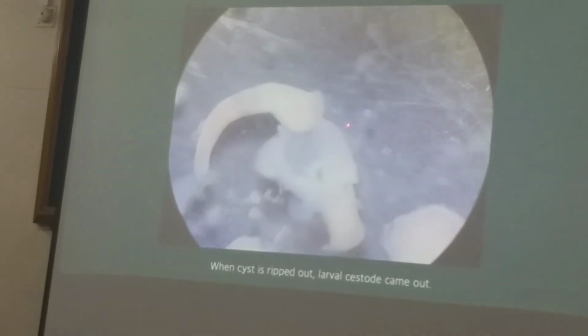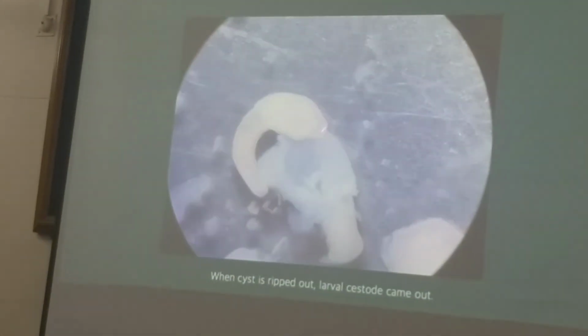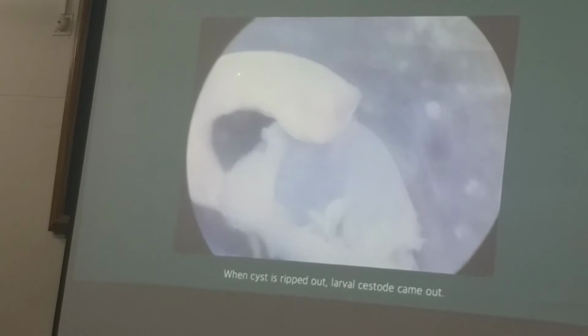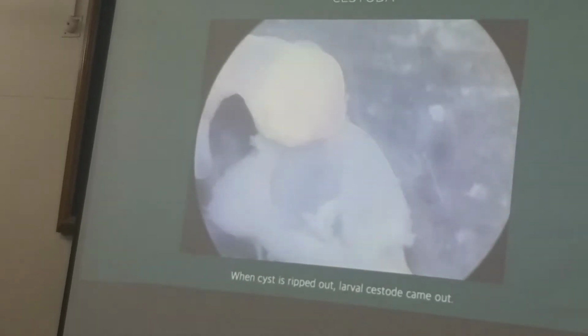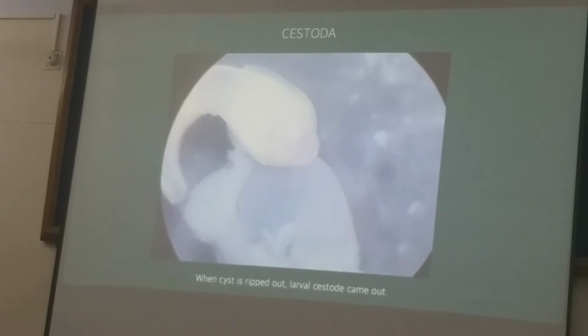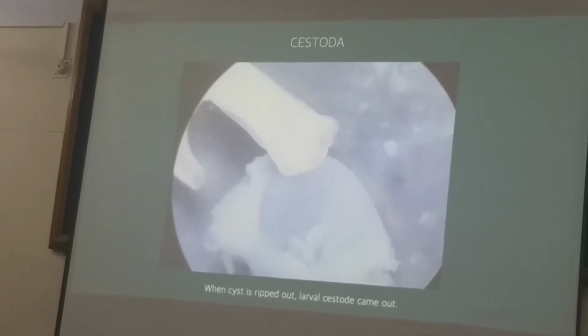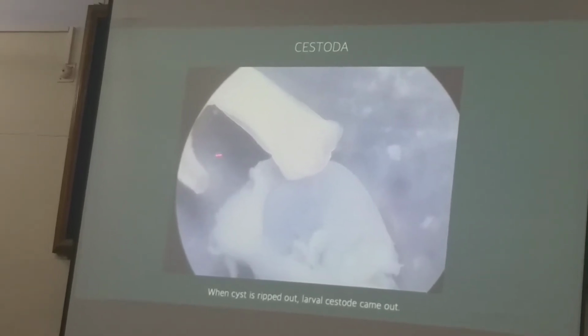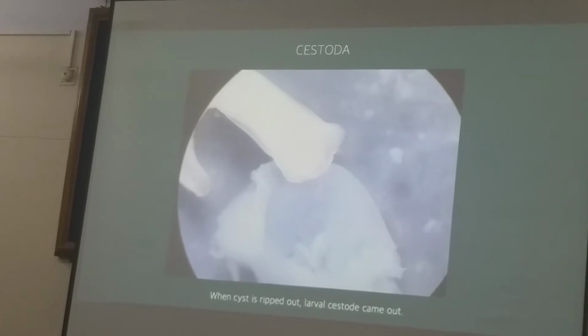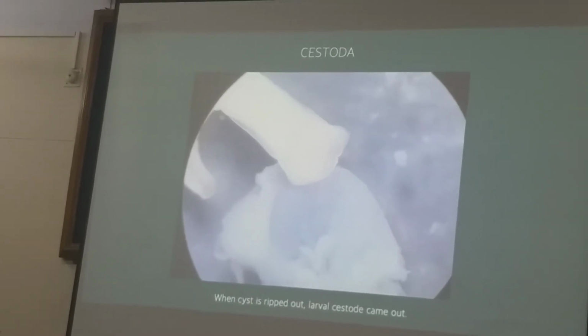You can see this is the scolex, and it is not segmented because this is the larval stage. When you look inside a segment of an adult, you can see the reproductive organ and say, oh, this is an adult cestode. But in this case you can't see anything, and we saw just one scolex, so we can say this is a larval cestode.